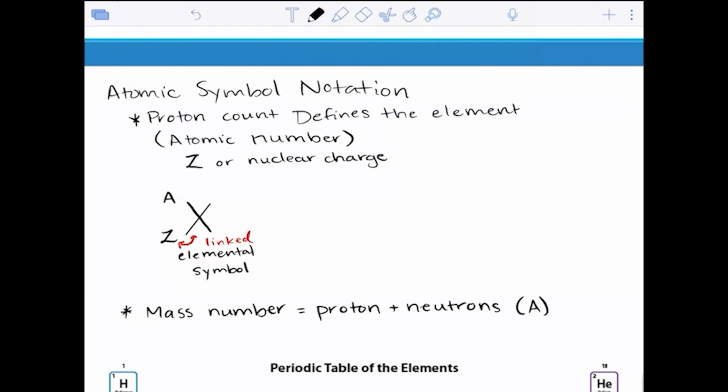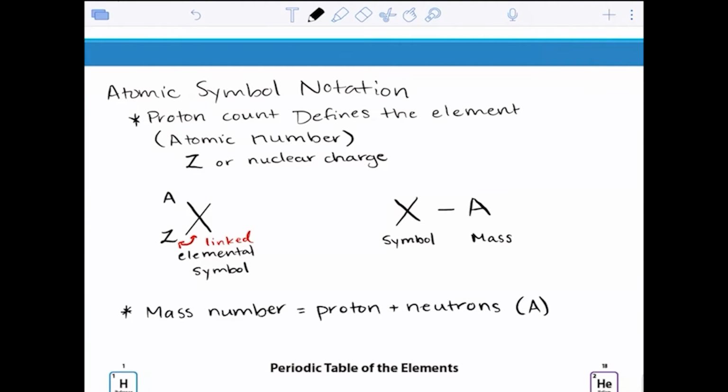Another way to write a shorthand atomic symbol notation is by writing the symbol, dash, the mass. Because the atomic number and the symbol are linked, you don't often have to write Z anywhere. It's optional.